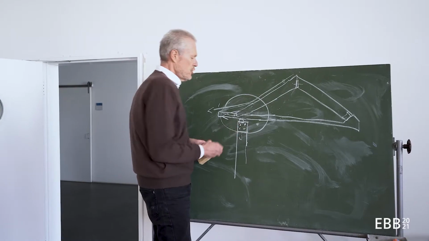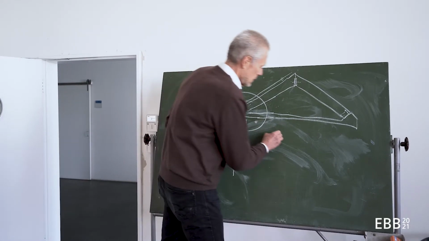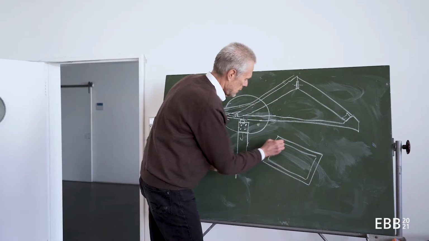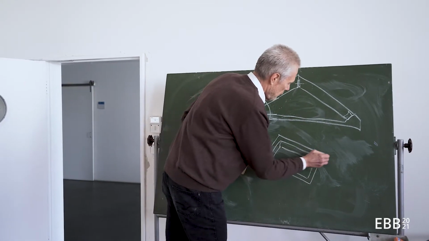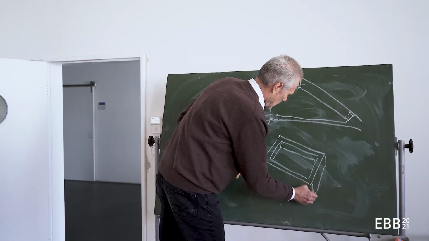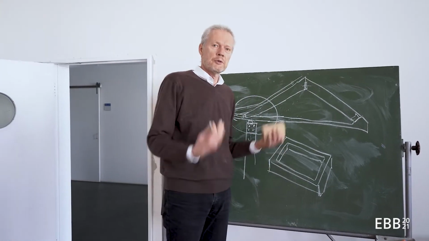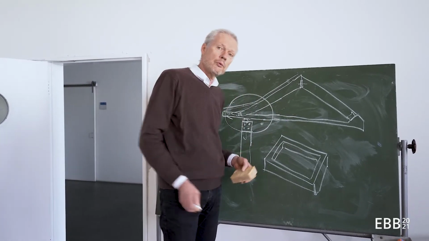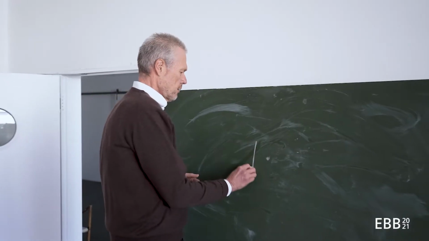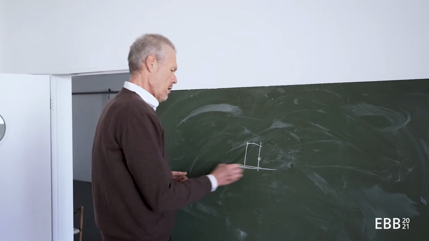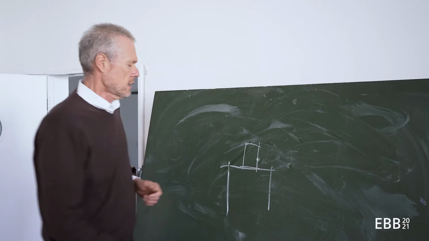So the rigidity is created by the ring beam itself. That's considered to be rigid, and this takes away the question of rigidity from the roof construction. So in the purlin roof, this connection can be less complicated.